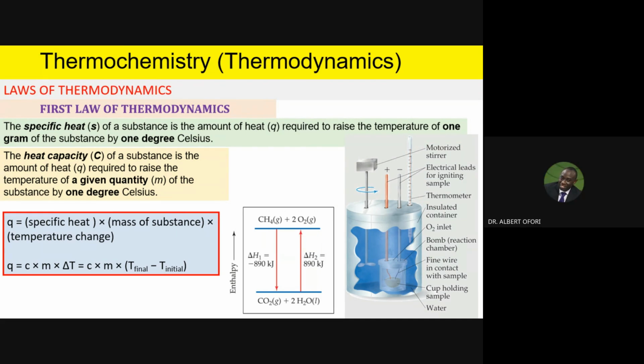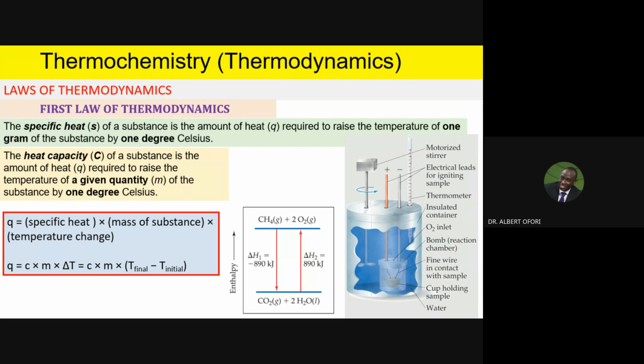Okay. So when we want to measure heat, I'm giving you the conditions under which we can measure that. I've explained that we'll consider the temperature changes. We'll also consider the heat capacity. That is, a body, a substance whose heat you want to measure, has the ability to absorb heat or transfer it.